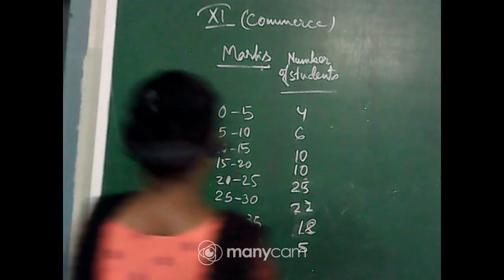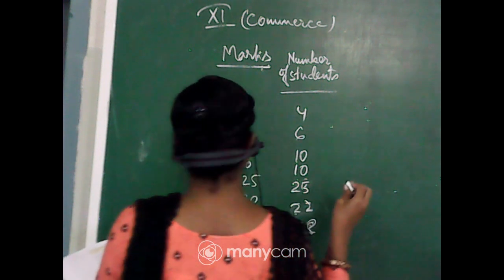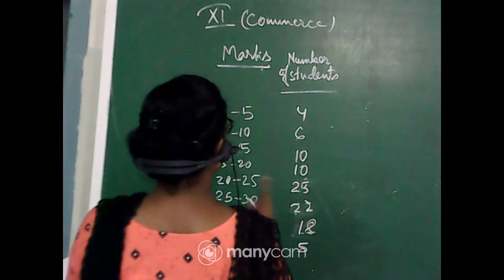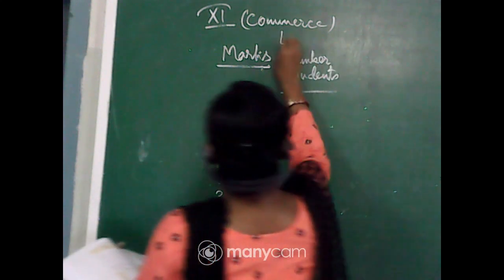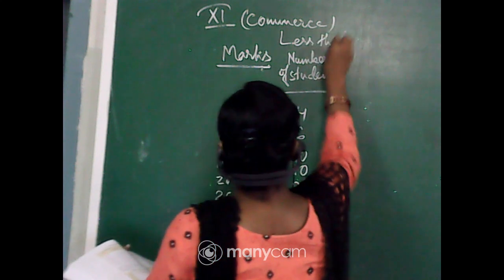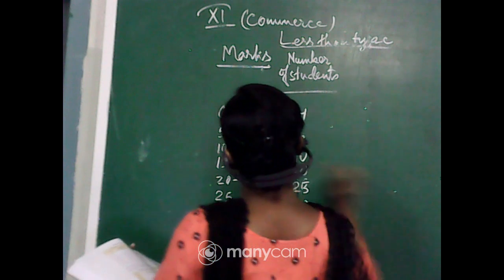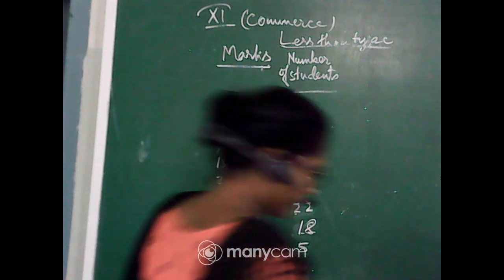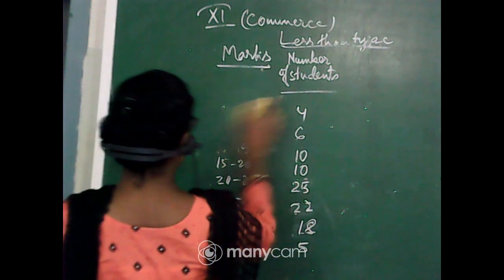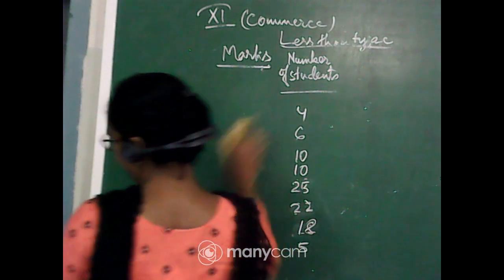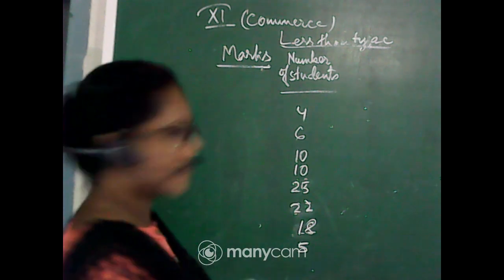Now see how we find out the less than type. So these marks we can write down here as the less than type. Instead of this one you can write less than 5, that means 0 to 5, which is the same.